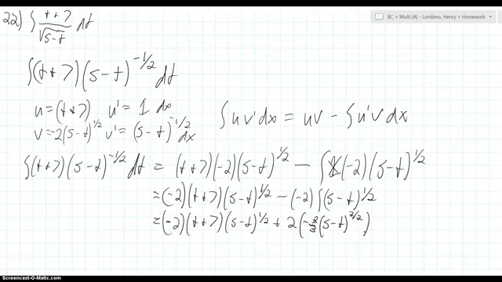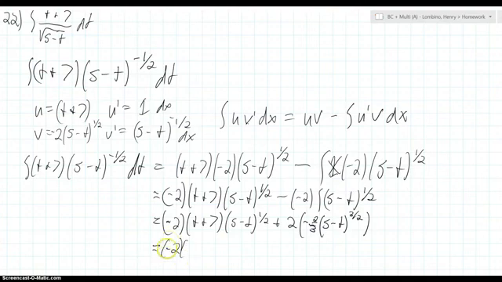And then we can do some more. I'm just going to do a little more bringing out because I can. So let's bring out the negative 2 because I feel like it.